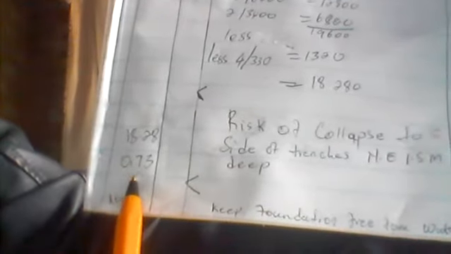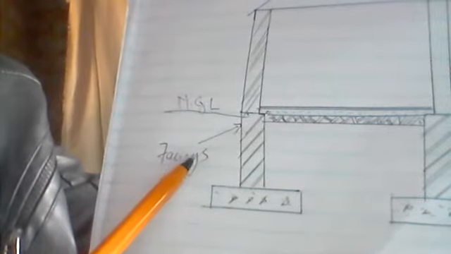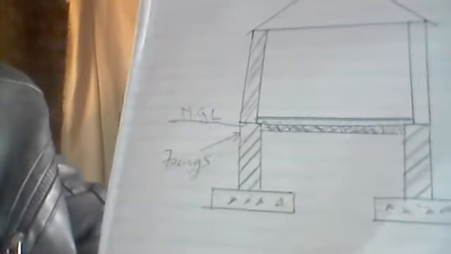And then on your dimension paper, you take the center line, the perimeter of the trench, plus the height of the trench for risk of collapse. This is your risk of collapse of trenches.